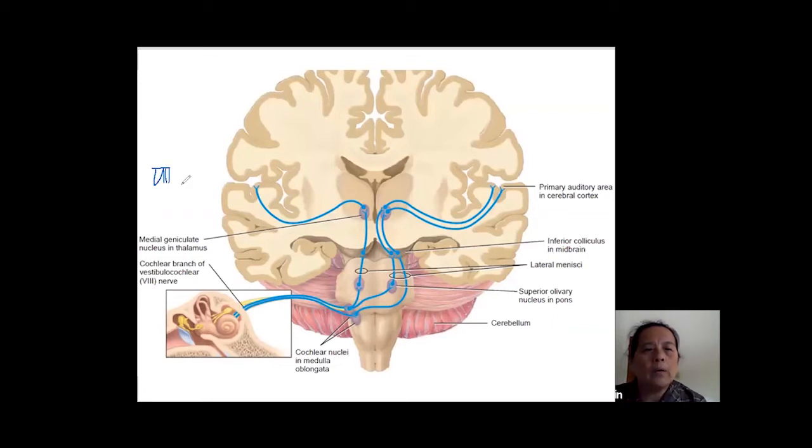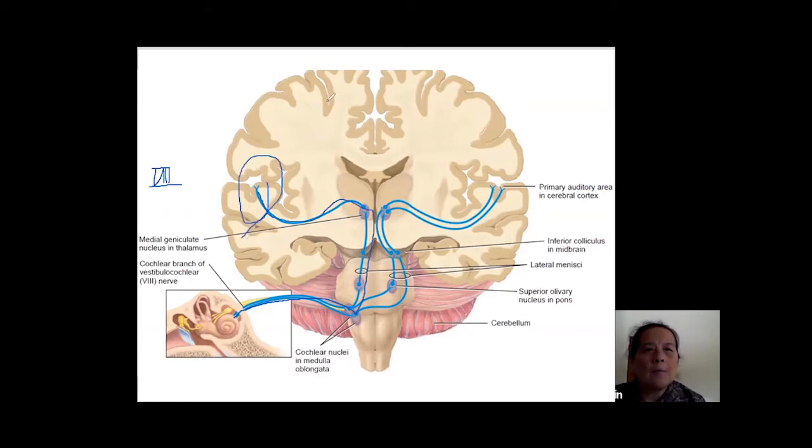Cranial nerves have numbers, totally 12. They receive the information from the inner ear and then send it to the brainstem and then to the side of the temporal area of our brain.